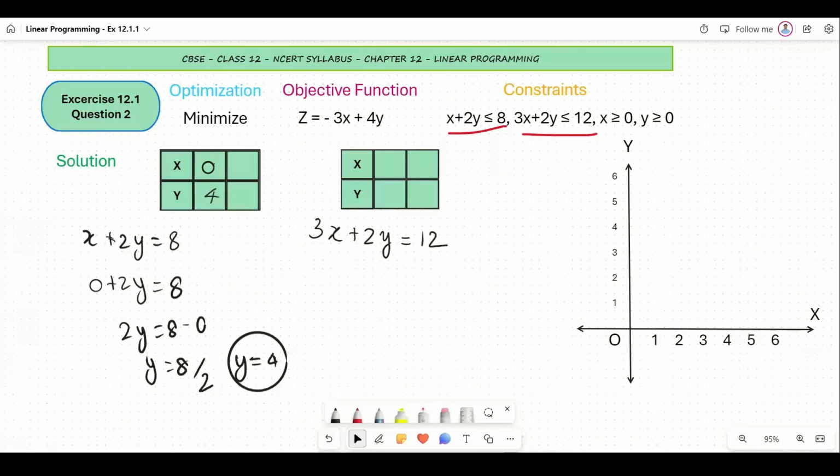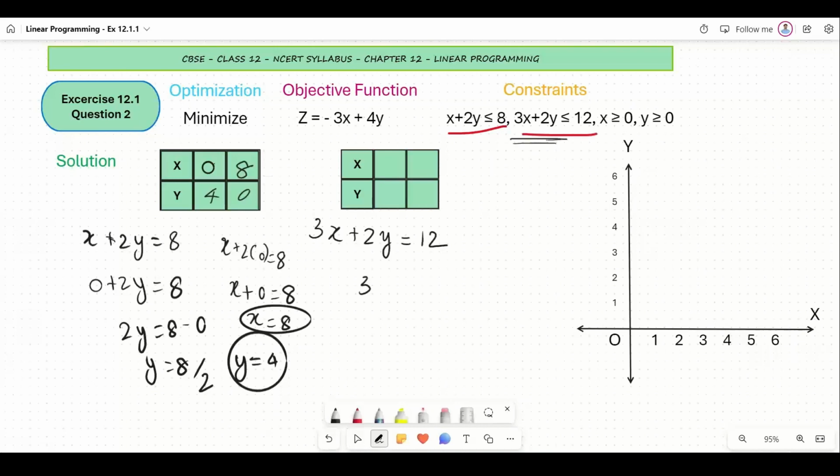Let's try to put the value for y as 0 and then find out what we get. So x plus 2 of 0 is equal to 8, and anything multiplied by 0 is 0. X is equal to 8 minus 0, which is 8, right? So we have got 8 here. Now let's calculate the x and y values using the second constraint, right?